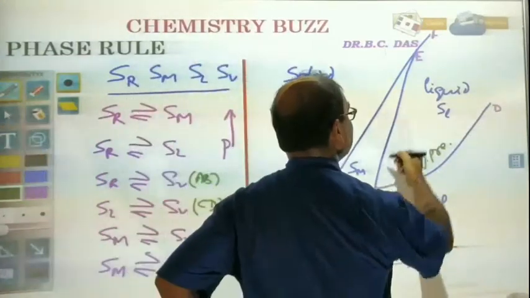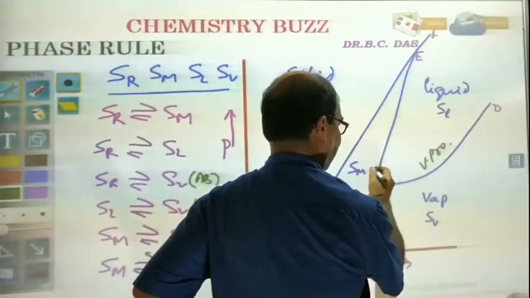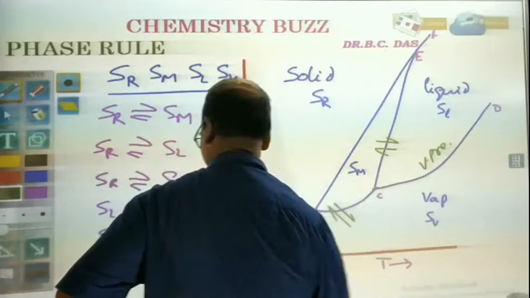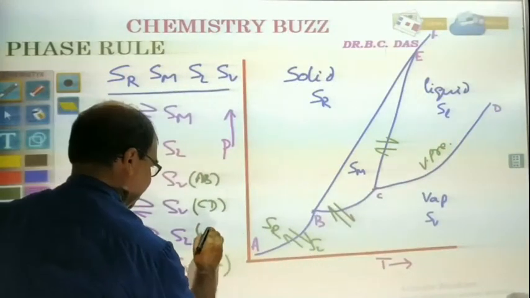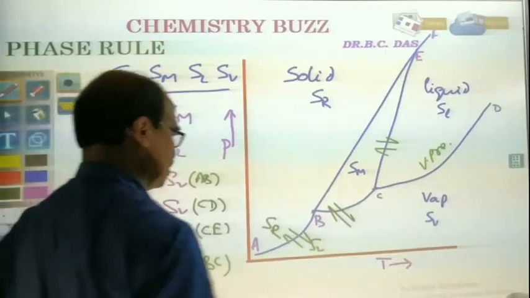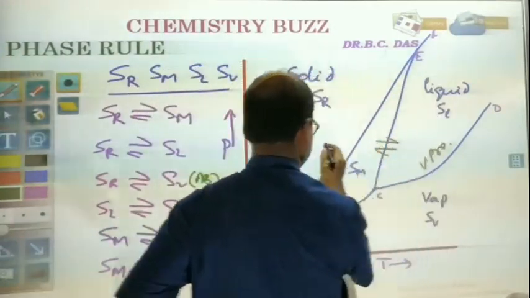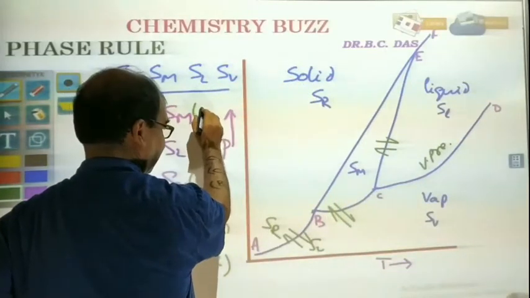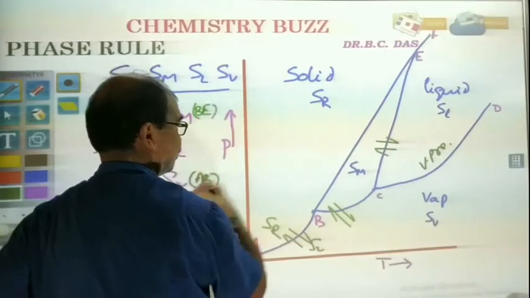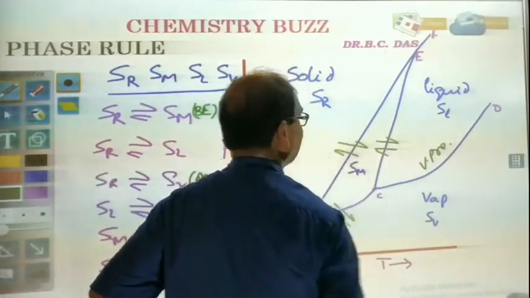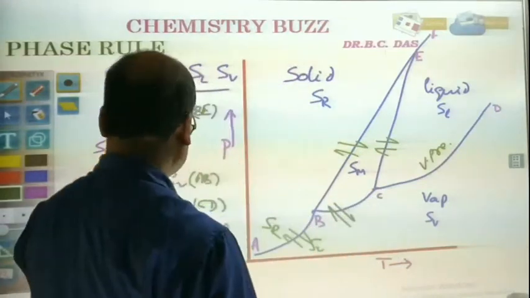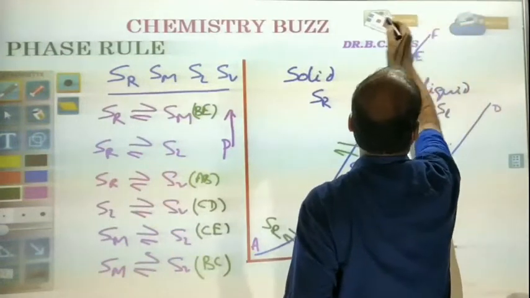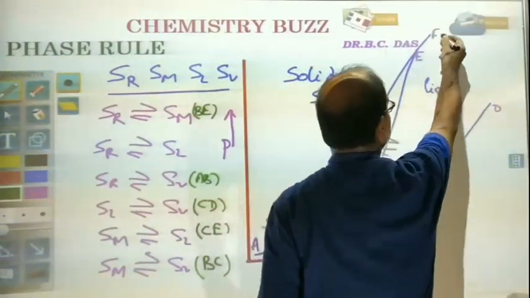Let us consider CE: monoclinic sulfur changes into liquid sulfur, SM-SL. This is the CE curve. And the BE curve is the transition of SR to SM. And one more is left, SR-SL. So EF is the SR-SL curve.